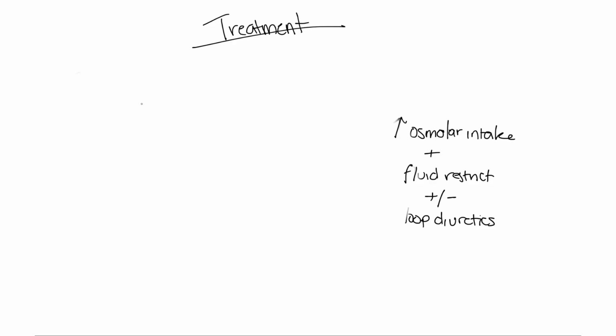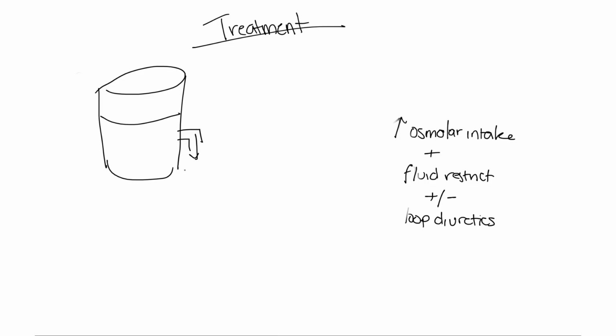Okay, if we are this bucket, right? Again, my goal is how do I get rid of H2O? Well, how do we determine how much urine we make? Urine osms, we traditionally just think of as a concentration, which it is. It's the milliosms per liter.